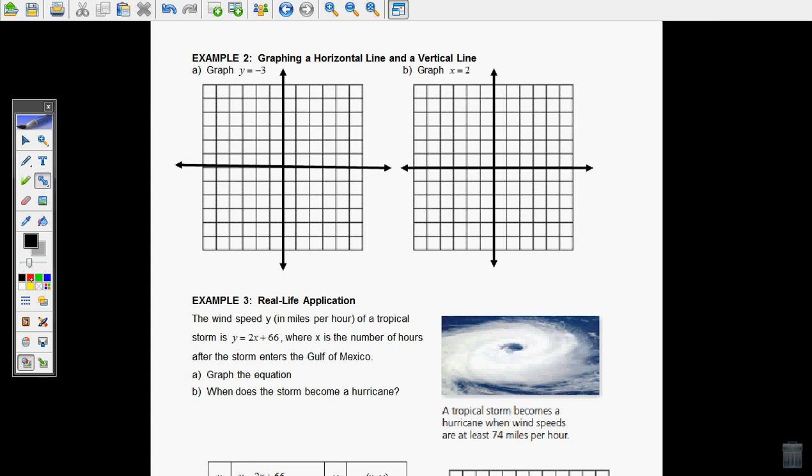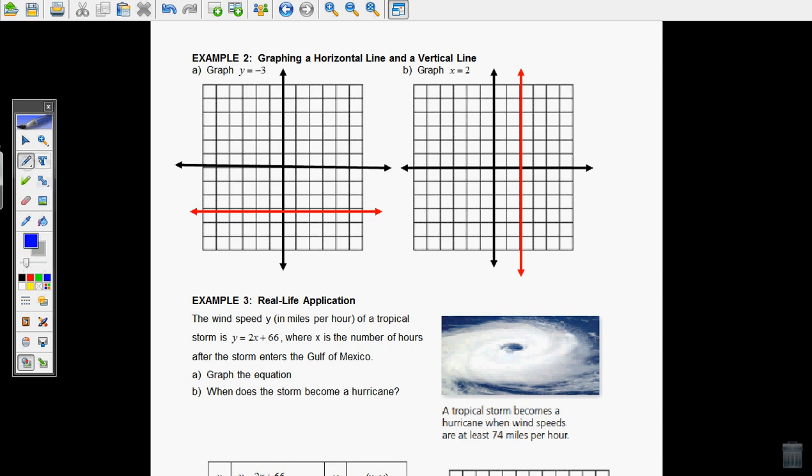I'm going to make my graphed line in red. So it's going to be at -3, which means when I'm graphing horizontally, it's going to be 1, 2, 3, a horizontal line at -3. When I'm graphing vertically, over here, x equals 2, it's going to be at 1, 2. Vertical line at x equals 2.